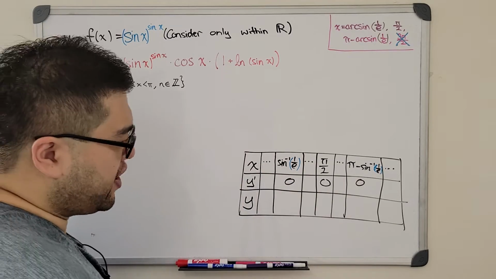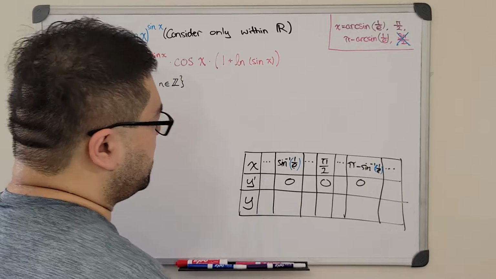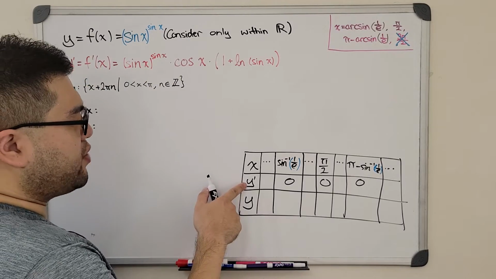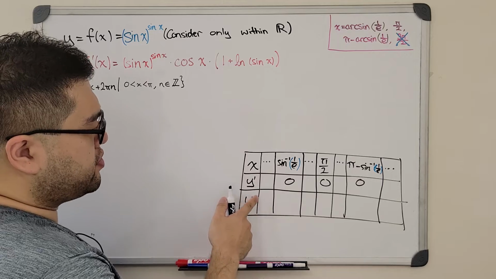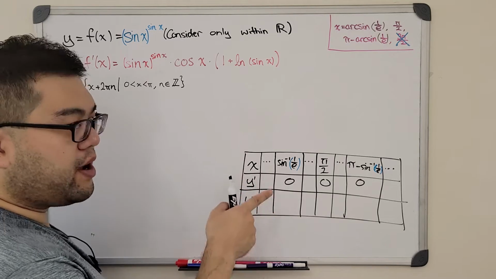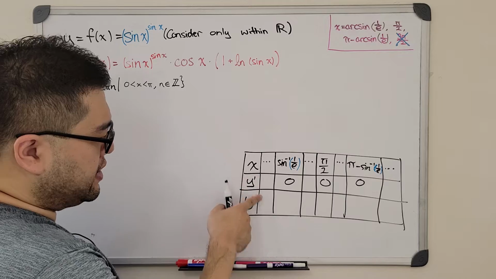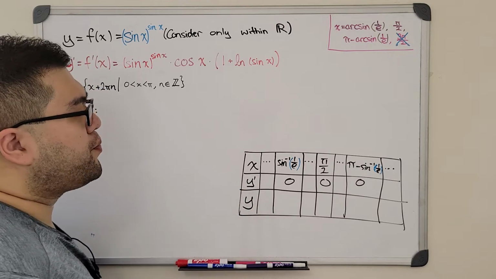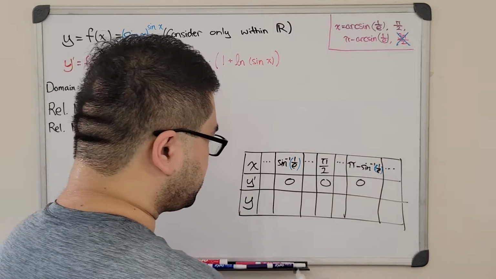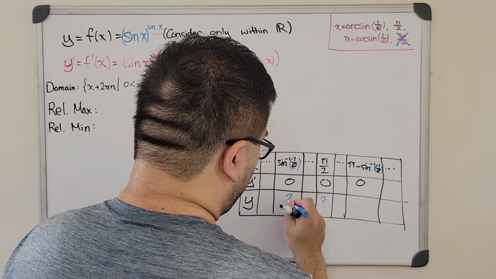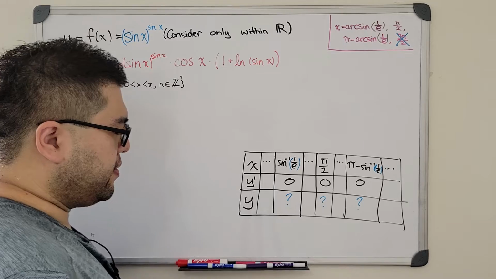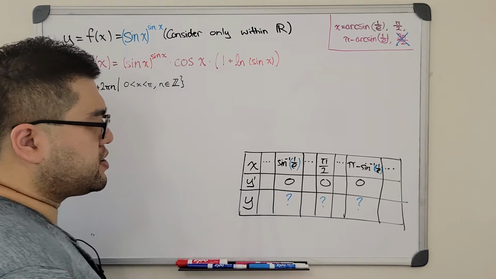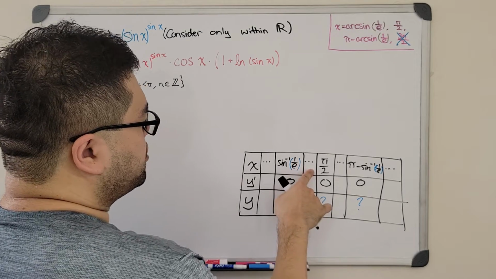Any points will be fine, and then we're going to check what sign we get in the first derivative at such point, so that we will be able to tell whether the graph is going up or going down in that open interval. So right now, we don't know whether they're relative minimum or relative maximum yet. So we're going to choose some points.